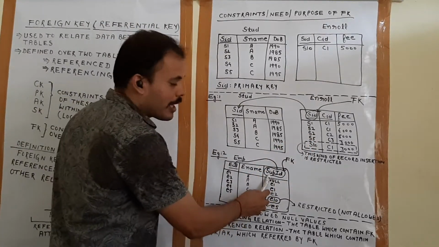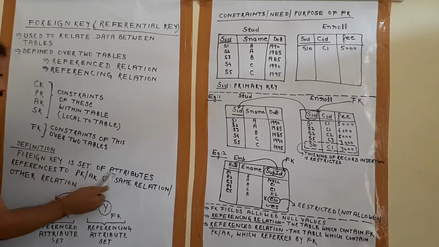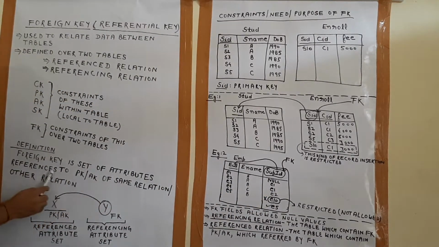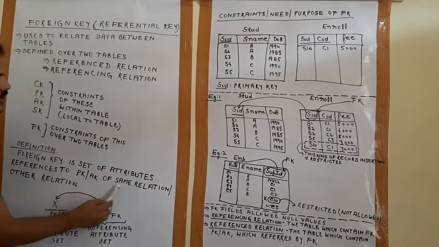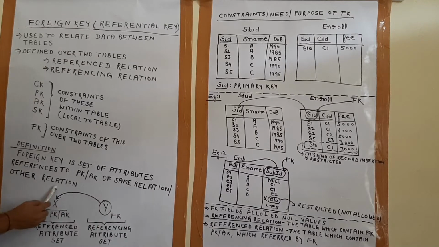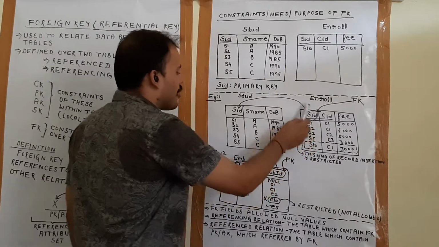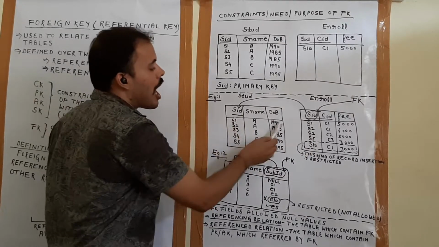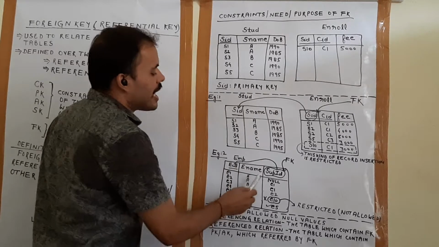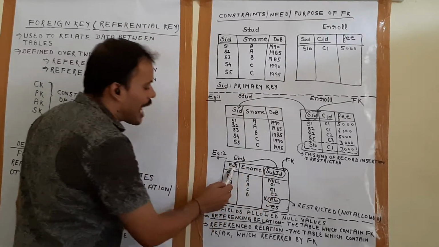Here the foreign key is supervisor ID. See here, foreign key SID is referring to the primary key; SID is the primary key of the other relation. Here the foreign key supervisor ID is referring to a primary key.